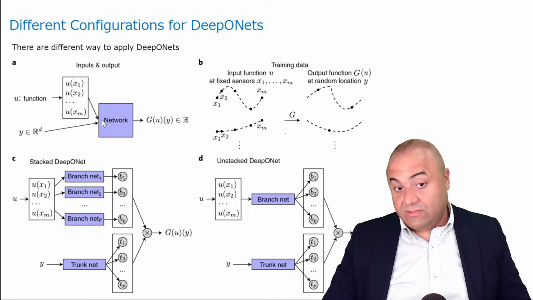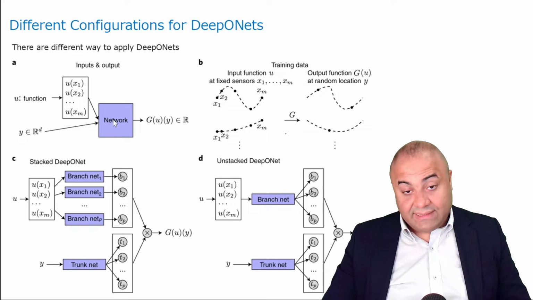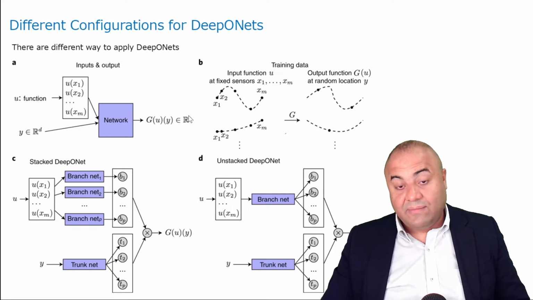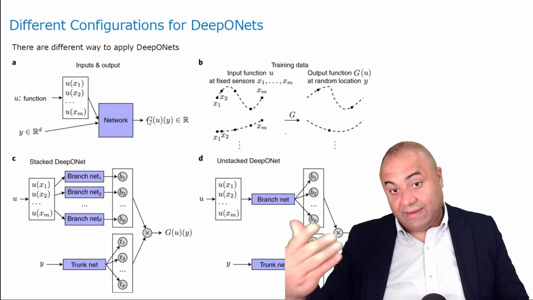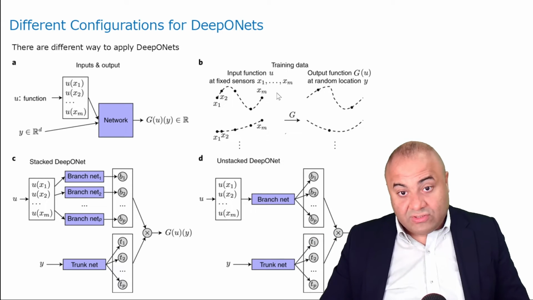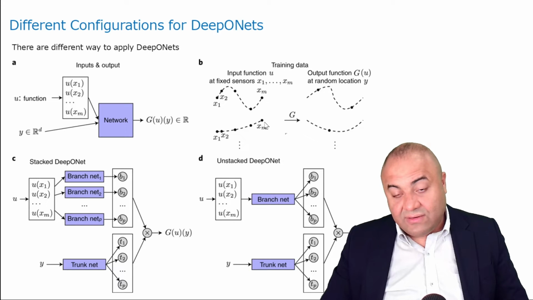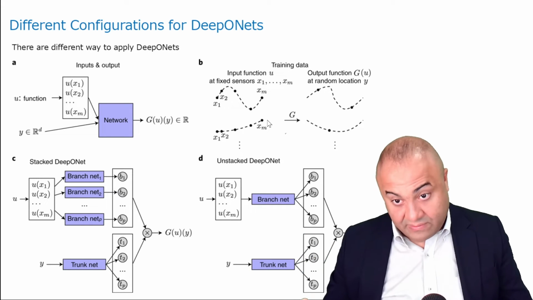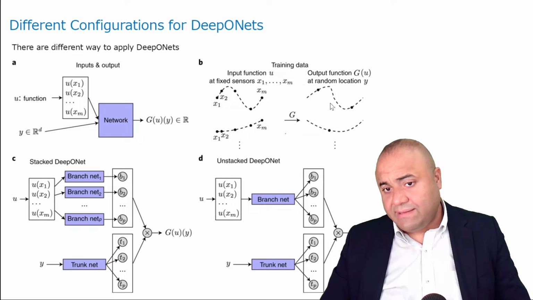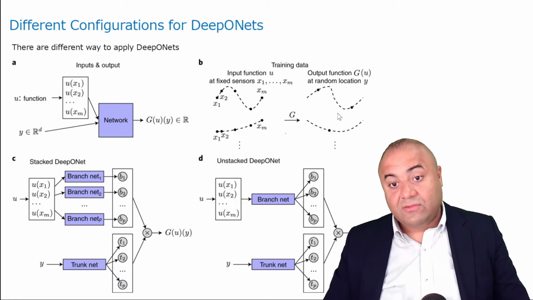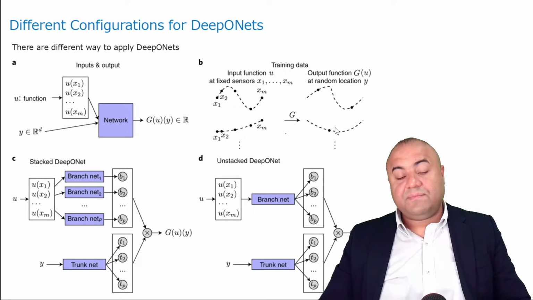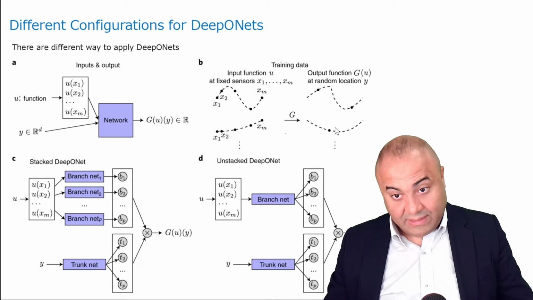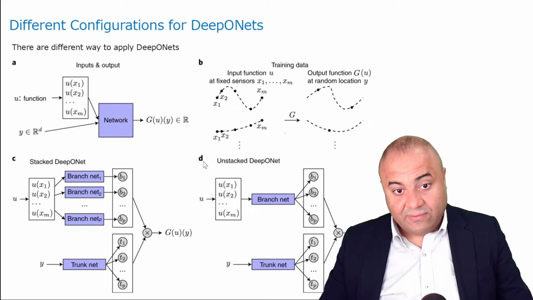You can enter it in one shot without branch and trunk, just into the network, and you will get its related data. You will get some curves at the other part of it, and then these curves have to multiply each other to get the output value.